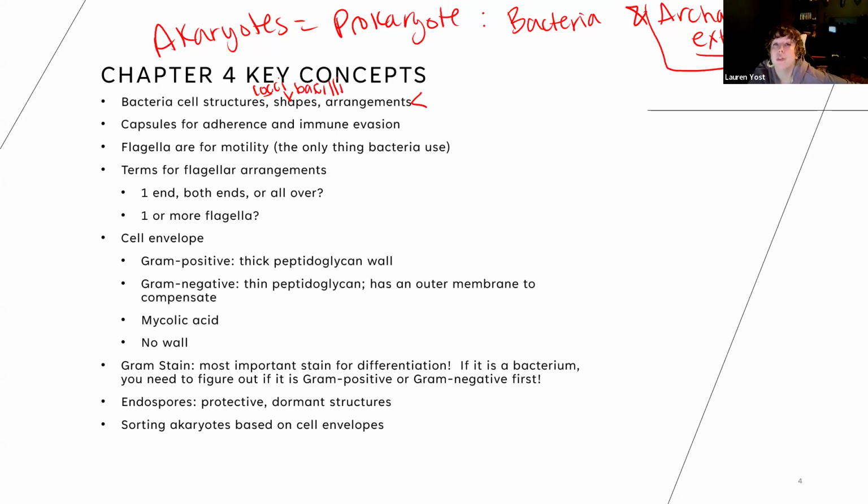All right. The arrangements that we need to know. The two biggies were staphylo, and these are the ones that everybody gets tripped on. Staphylo is bunches. If you looked in my microscope where I had my staphylococci in it, you could very clearly see how they were bunched up. And strepto, we have a lot of people getting confused with the strepto.